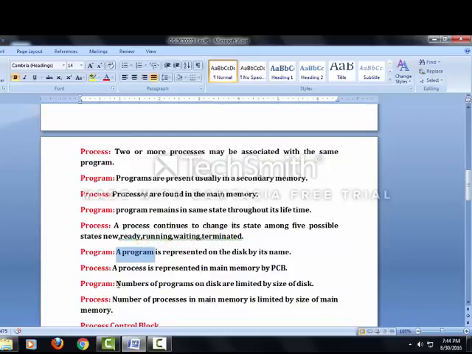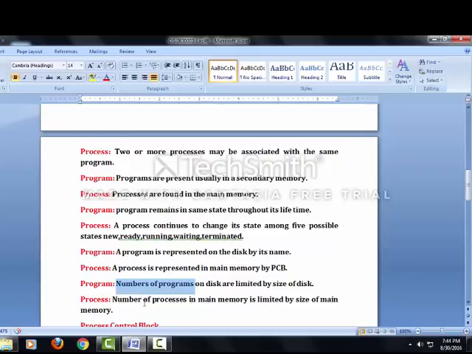Next difference: the number of programs on disk is limited by the size of the disk. If we have a greater size of disk, we can create a greater number of programs onto the disk.